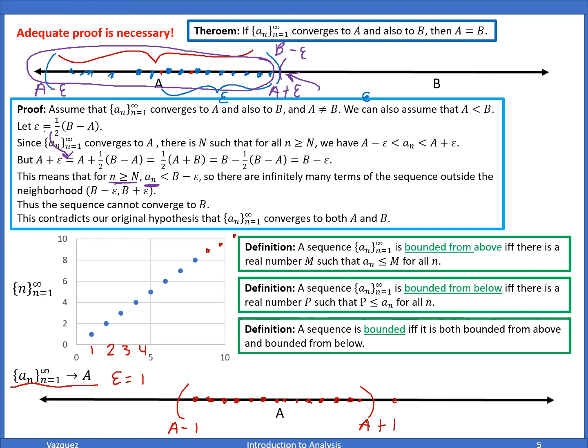And there are only a finite number of points outside, right? In this case, I'm just going to draw 6. Well, because they're finite, we can draw parentheses, or I guess another open interval, around those points. And now we kind of close all the points within that interval. And if we have all the points within an interval, that tells us, well, hey, this is bounded. We can bound every convergent sequence. So it leads us to our last.